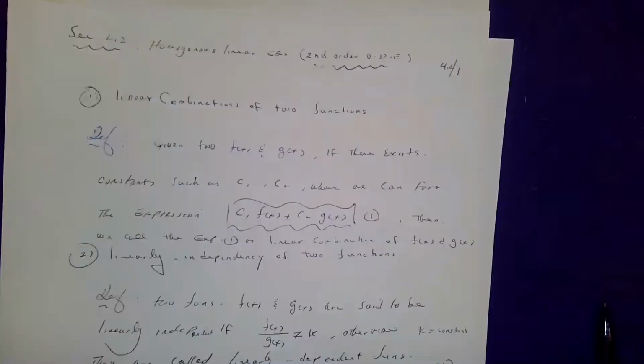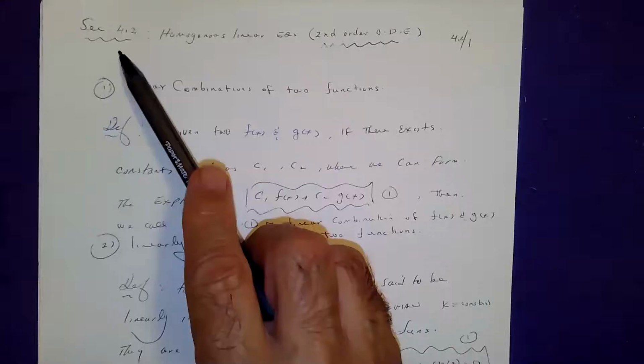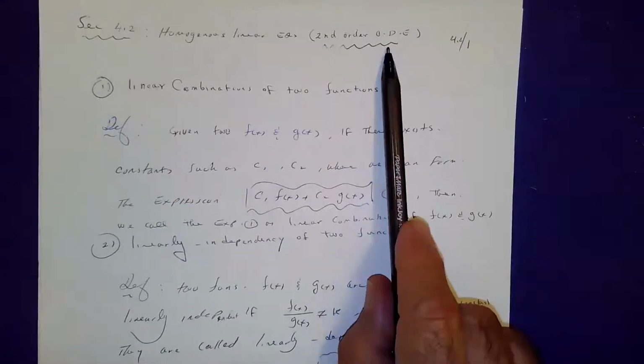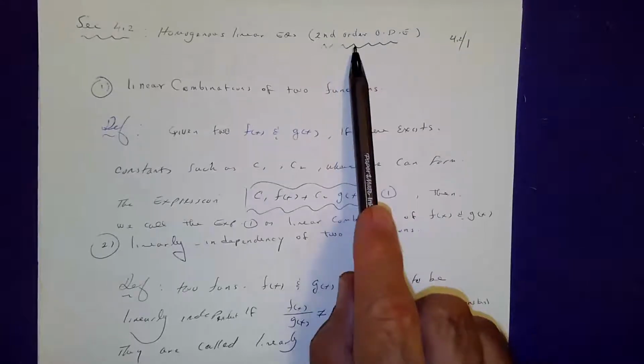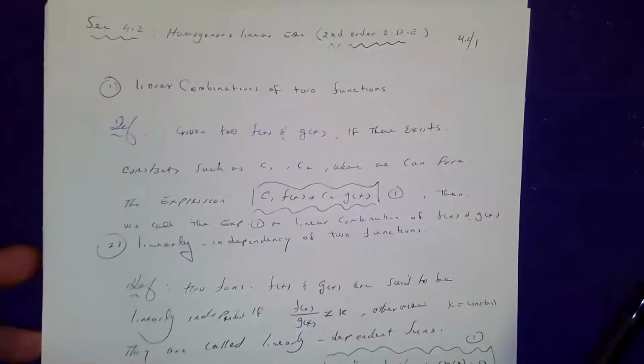All right. So last time we talked about, let me just bring you up to speed, then I can show you more examples. These were called 4.2, homogeneous equation of second order. Although you can extend this to higher order, let's just start with second order, okay? Everything we did in chapter 1 was based on first order.